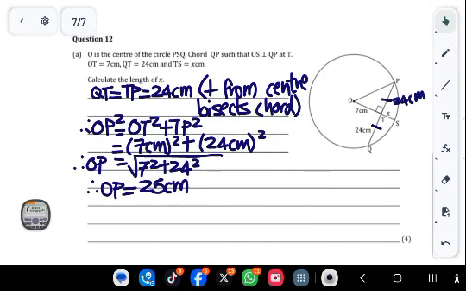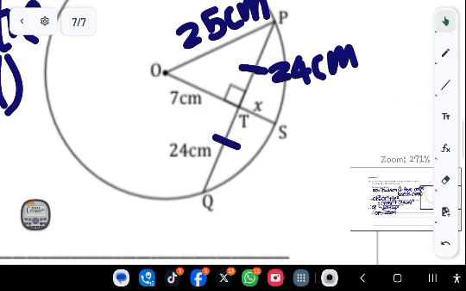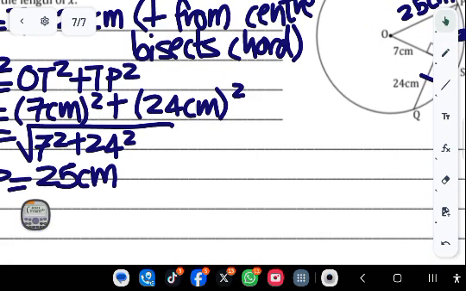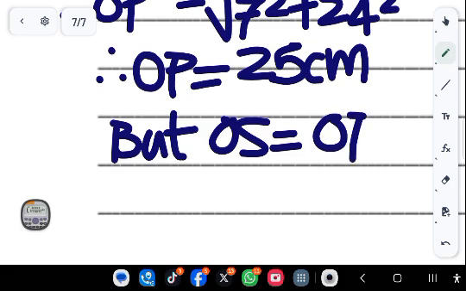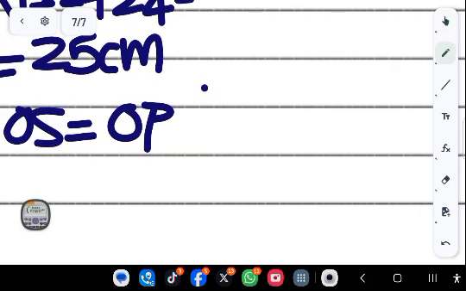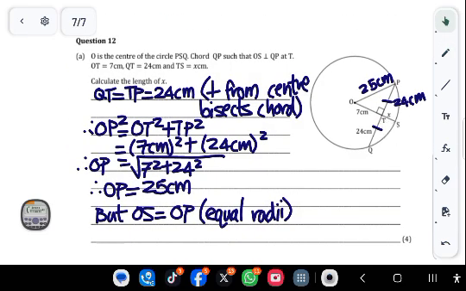Now that we've got OP equals 25 centimeters, that is the radius, 25 centimeters. Now we can find x, because OS equals OP, and the reason is equal radii. And now we can find x.